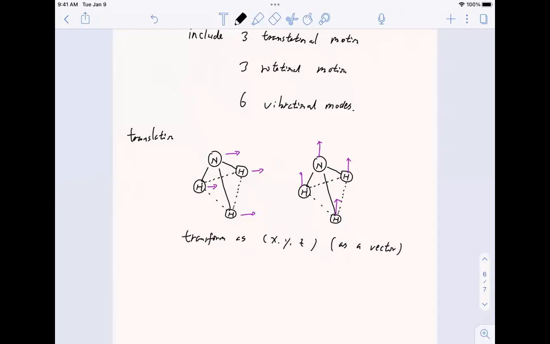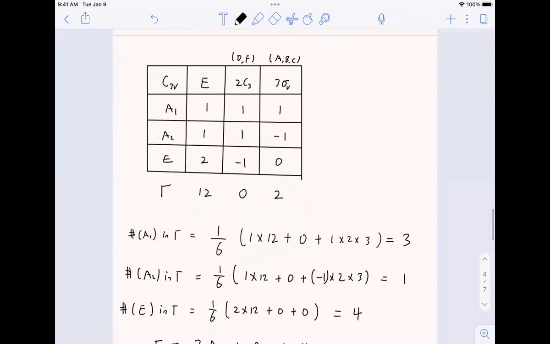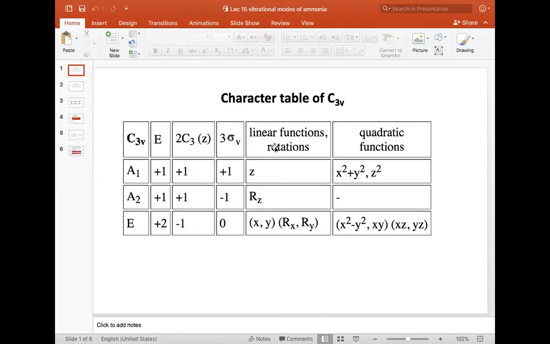So we can already know the representation. Here I didn't write this, but you have these linear functions Z, Z squared, X, Ry.